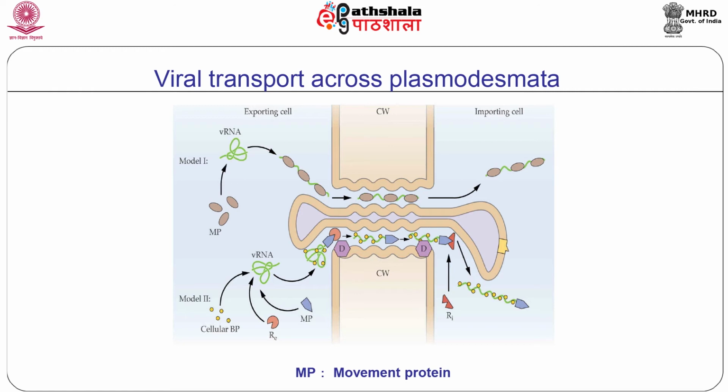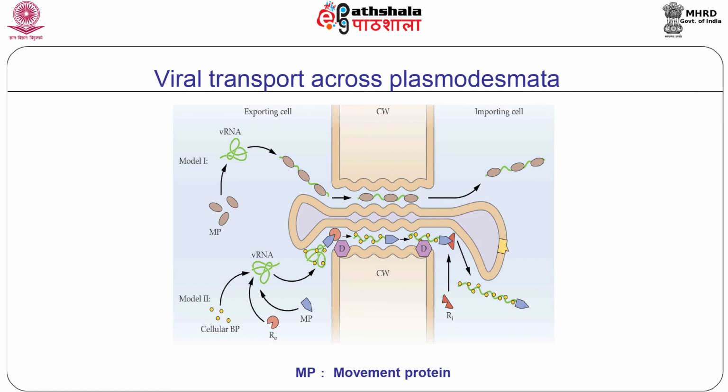Viral encoded movement proteins, that is MPs, facilitate these steps. Most MPs are multifunctional. First, MPs are required for movement. Second, MPs bind to the virus genome. Third, MPs interact with the plant cytoskeleton.